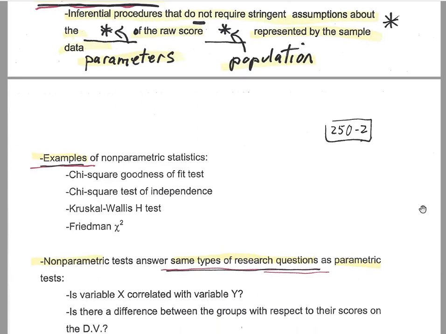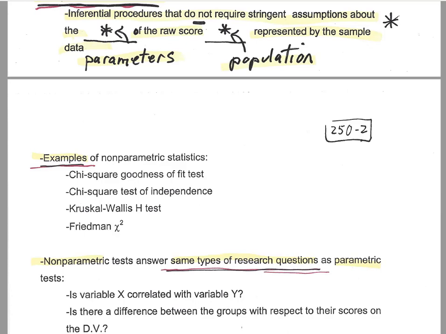Let's keep digging on what non-parametric statistical procedures are. First of all, there's a lot of similarities between the non-parametric statistical procedures that we're learning about now and the parametric statistical procedures like analysis of variance. For example, non-parametric tests allow us to answer the same kinds of research questions that can be answered with parametric tests. Things like, is variable X correlated with variable Y? In a previous lecture, I talked about how we can use a parametric statistical procedure, the Pearson product moment correlation coefficient, to determine that.